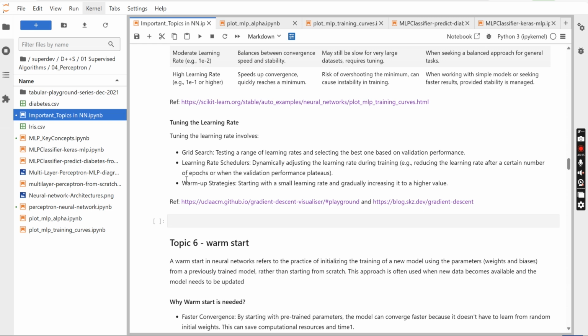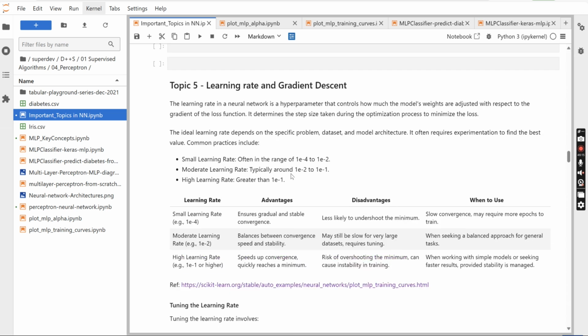Next is warm-up strategies. A warm-up strategy means if you have already learned certain weights previously, you can start with a small learning rate and gradually increase it to a higher value. That is another strategy. So this way you can learn the learning rates. Clear? Understood?